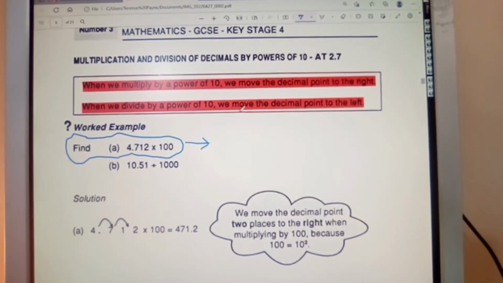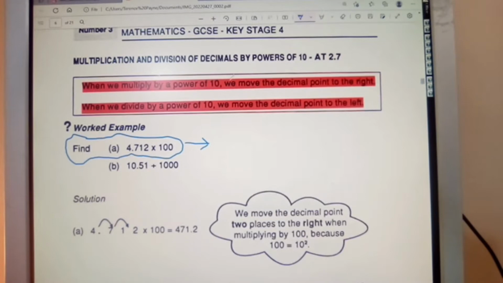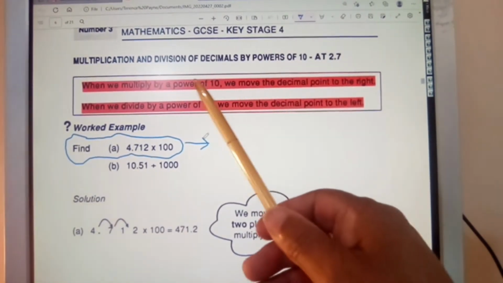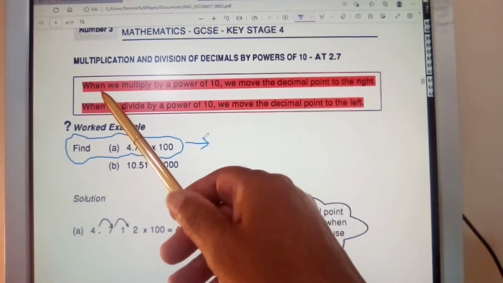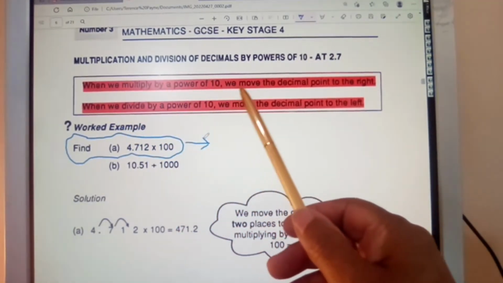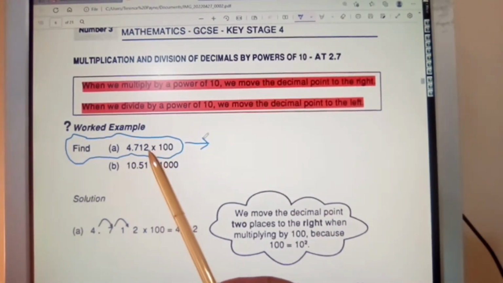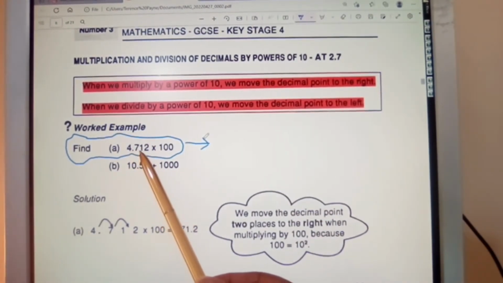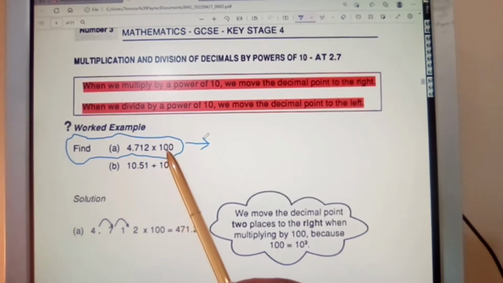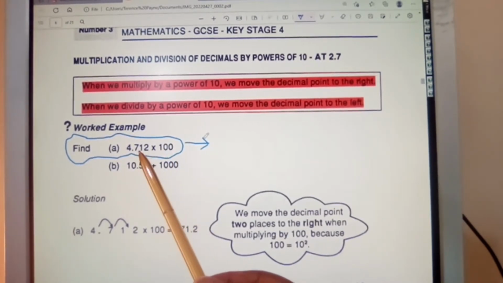So if you remember, we said we move to the right up here. When we multiply by a power of 10, we move the decimal point to the right. So if we're dealing with this digit, 4.712, and we're multiplying by 100, we need to move it 2 places to the right.